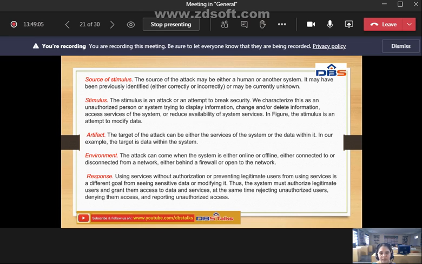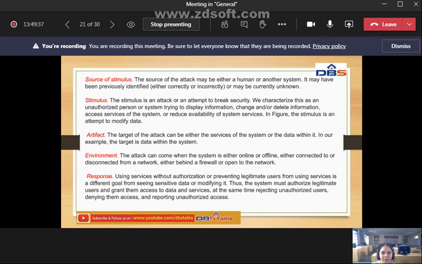Next, response. Using services without authorization, or preventing legitimate users from using services, is a different goal from seeing sensitive data or modifying it. Now, what is the response? Authorized persons are not getting information or using services, rather unauthorized users are using them.